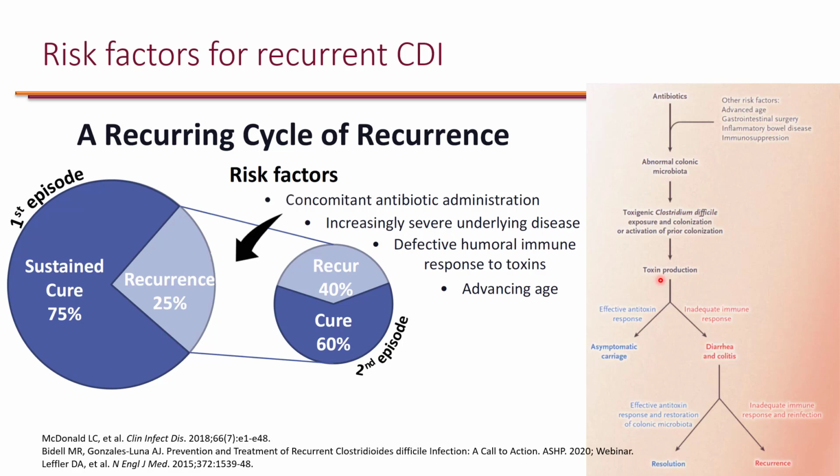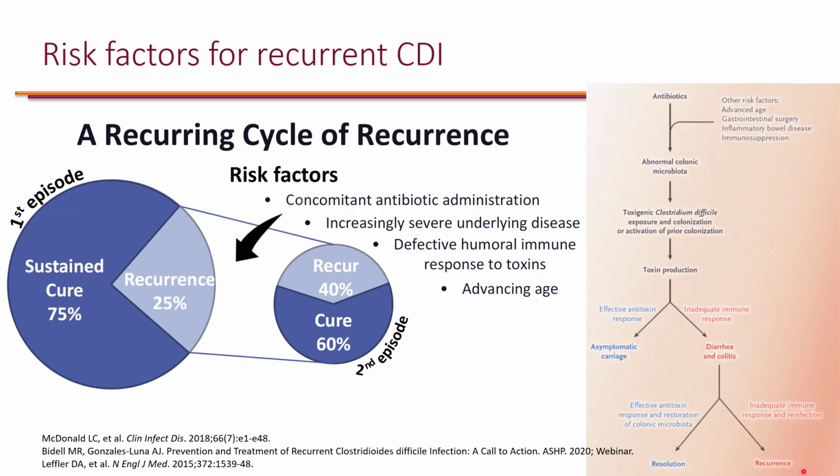So if the patient has sufficient immune response, meaning that the body will actually have antibodies against the toxin, so antitoxin response, this patient will actually be an asymptomatic carrier. Now, if the patient has inadequate immune response, these patients will have symptoms including complications such as colitis.